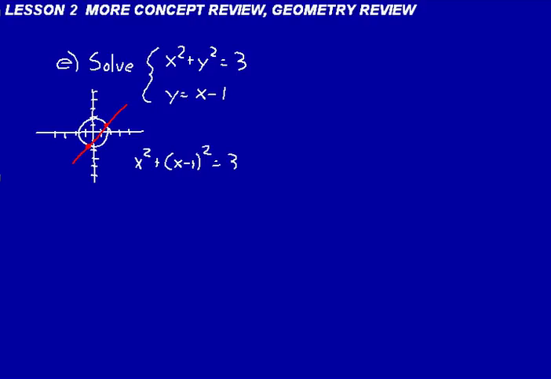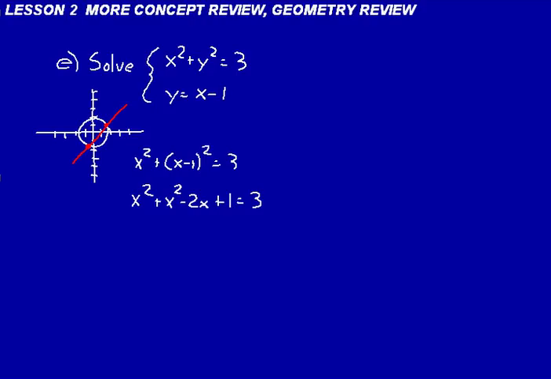So see, now we have one equation with one unknown, and we'll need to expand x minus 1 squared out. We'll have x squared plus x squared minus 2x plus 1 equals 3. And we can see here that we have a quadratic equation.